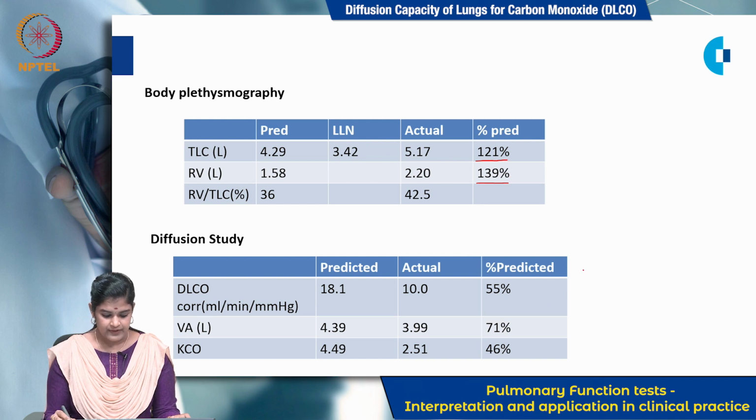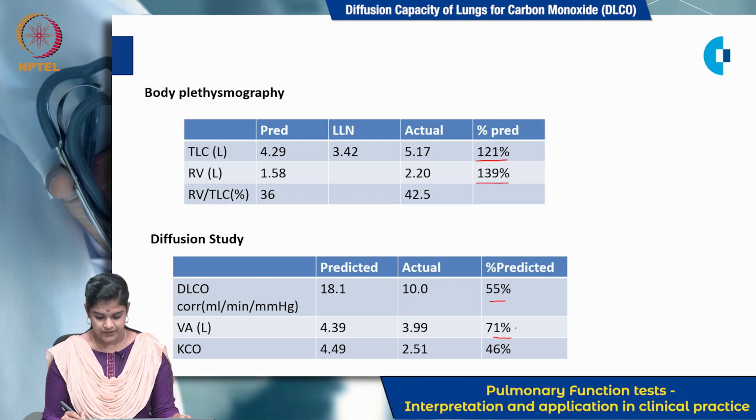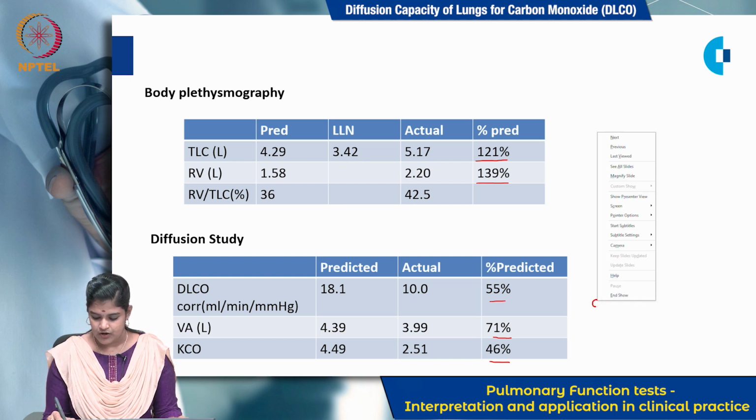Now let us take a look at the diffusion study. DLCO is reduced to 55%. Second step is looking at VA. This is again reduced, 71%. KCO is again reduced, 46%. So this is a case of COPD emphysema.